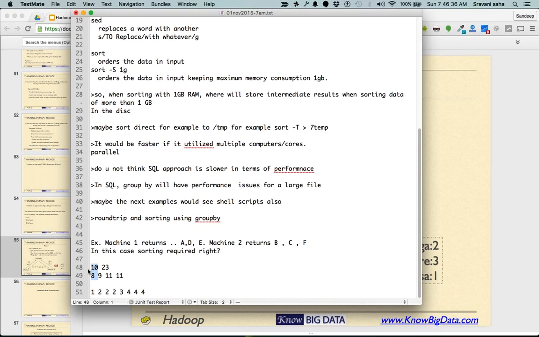Out of this you can see that I'll just pick up 8, then 9, then 10. All I'm doing is going to the front of the queue, picking up the smallest ones and putting those in a new queue.